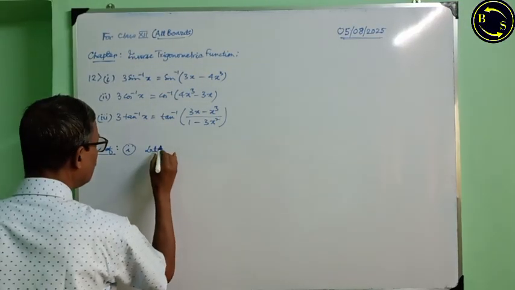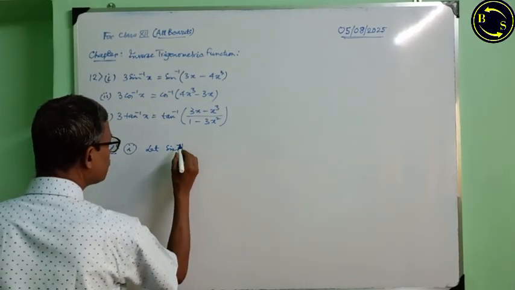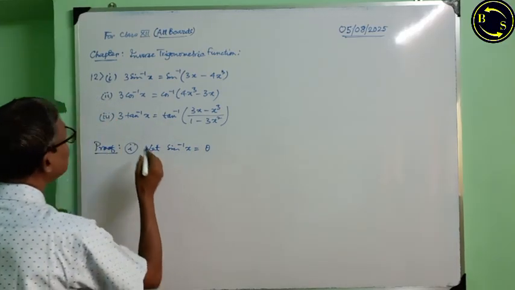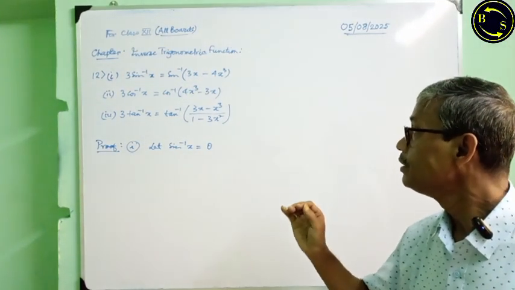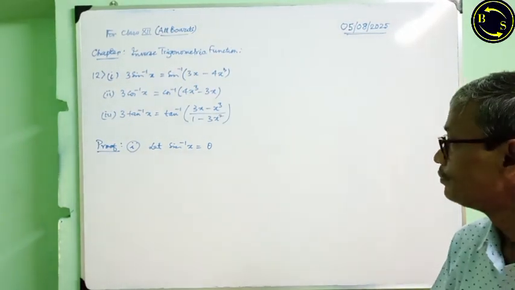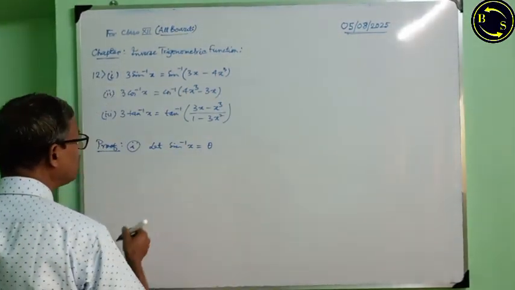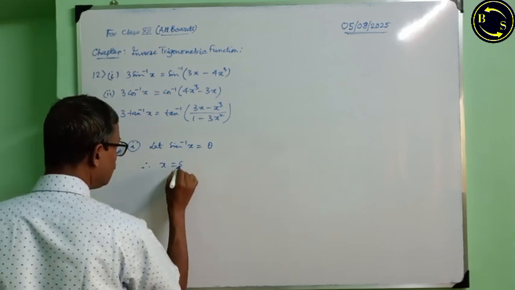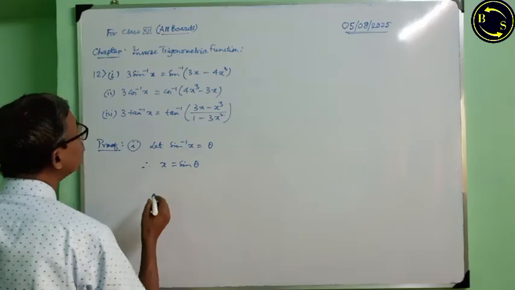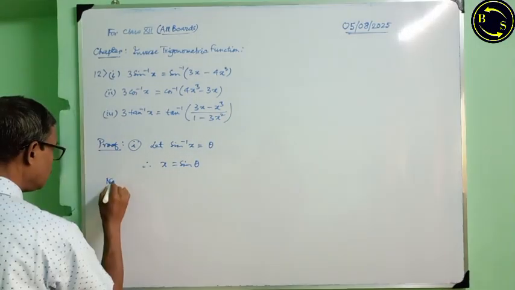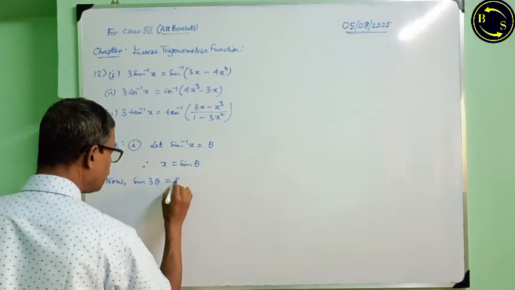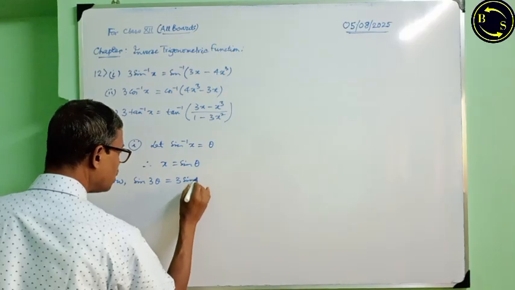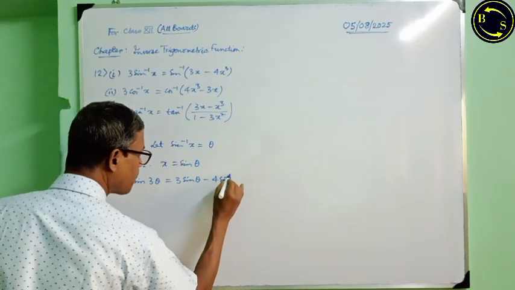Let sine inverse x equal to theta. You see 3 sine inverse x, therefore we have to use the identity here for sine 3 theta. Sine inverse x equal to theta, therefore x equal to sine theta. Now sine 3 theta is equal to, already you have learned, 3 sine theta minus 4 sine cube theta.